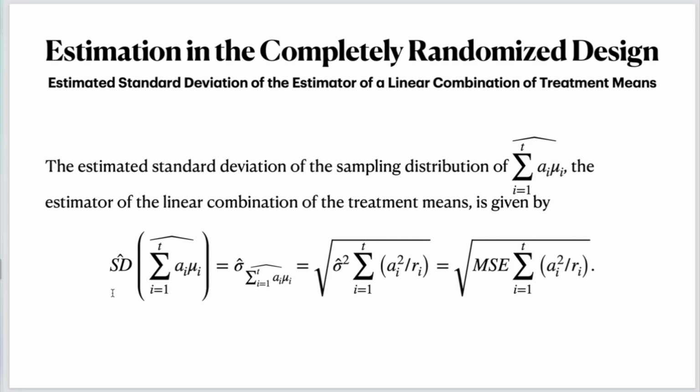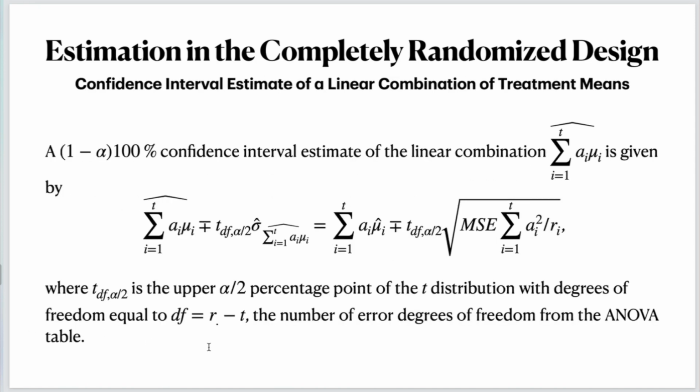Note also, as usual, we are putting hats on our estimates for the standard deviation or standard error of this linear combination. Once we have the estimated standard error, we can construct a confidence interval for the actual linear combination.